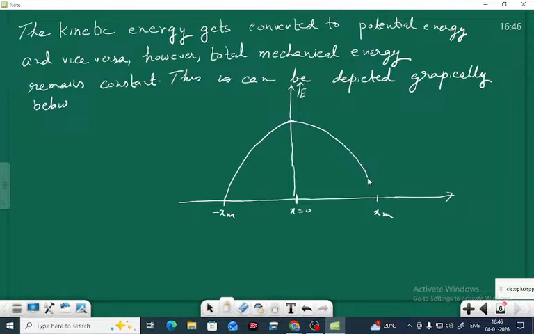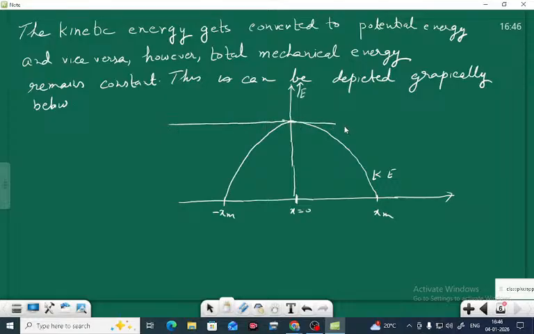This is the kinetic energy, and this is the total energy.